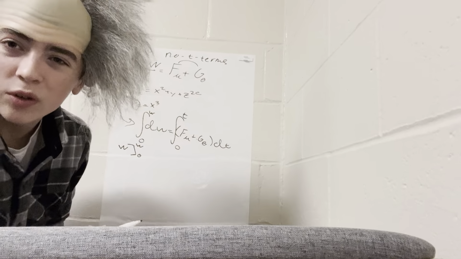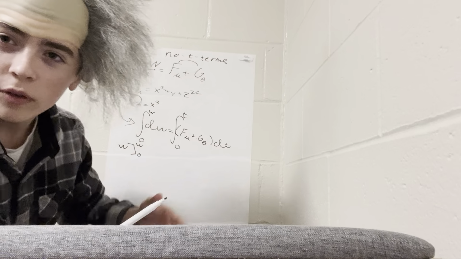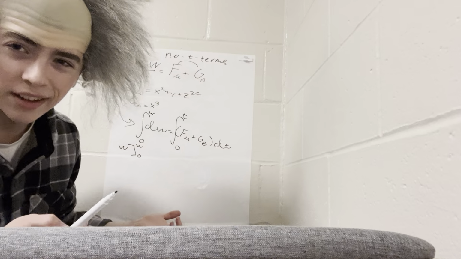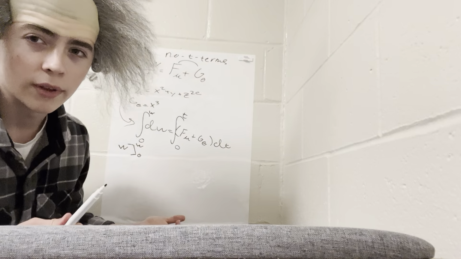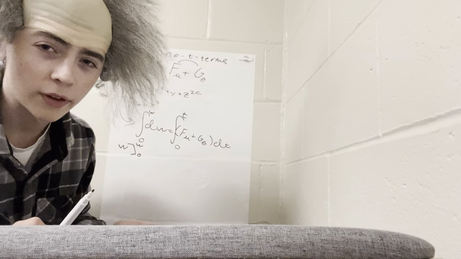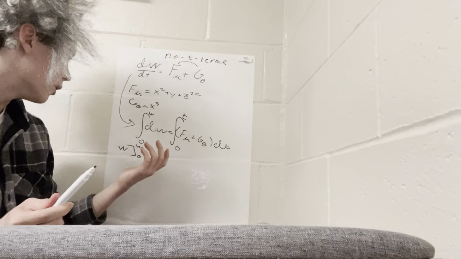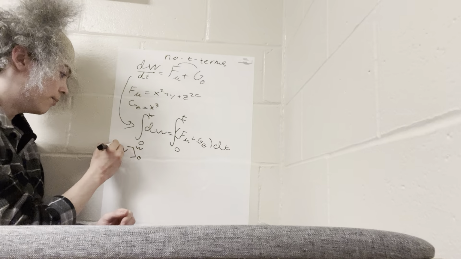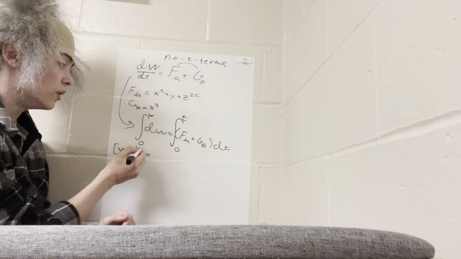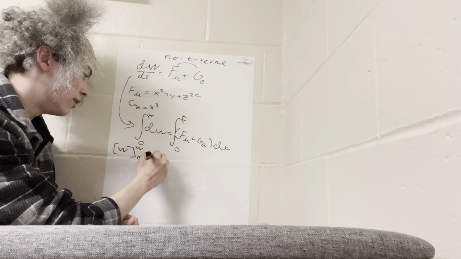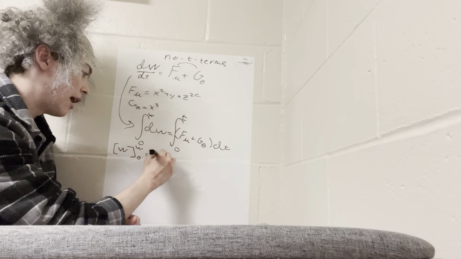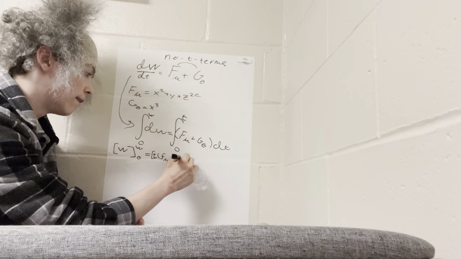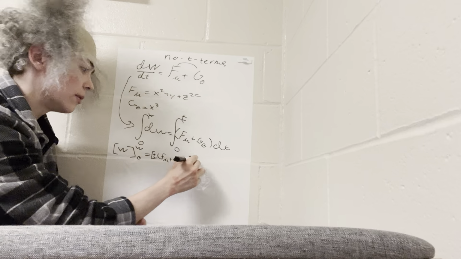And I guess if you wanted to, you could call these all like dummy variables. If you remember when I talked about dummy variables, I think I drew a smiley face on these because technically they're different. Nobody really cares though. I don't care. Your teacher might care, your professor might care, your employer might care, whatever. I'm just going to say they're the same thing. It doesn't really matter. And then this is equal to, again, same thing, t times f of mu plus g of theta, close bracket, from 0 to t.